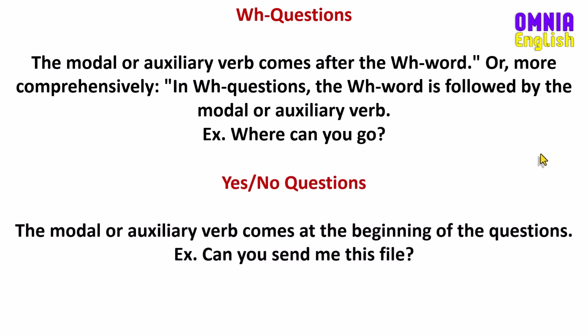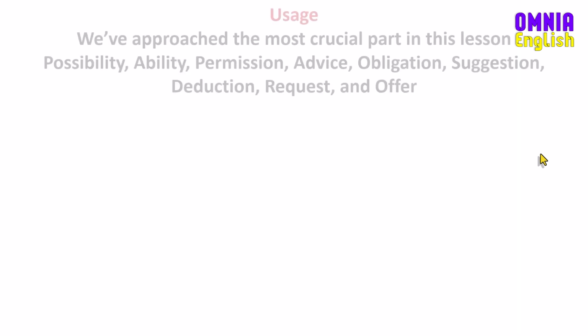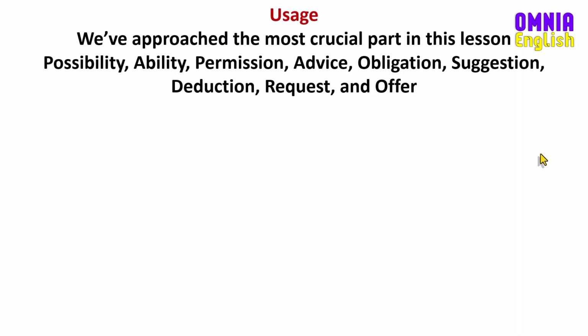In a yes or no question, we put the modal verb at the beginning of the question, for example, can you send me this file? Can you help me please? And so on.